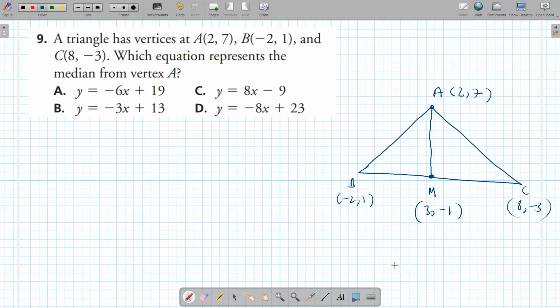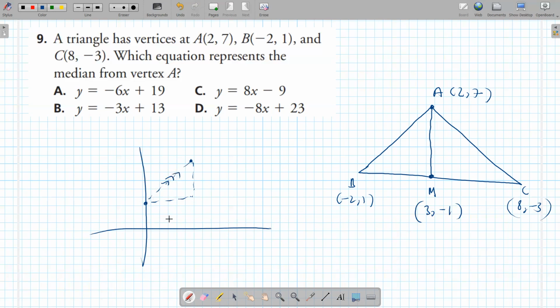How do you find the equation of a line using 2 points? This is a grade 9 question. What do we do first? We have 2 points. We want to find the equation of that line. If you think about it, you have 1 point here, you have 1 point there. You want to find the equation of this line.